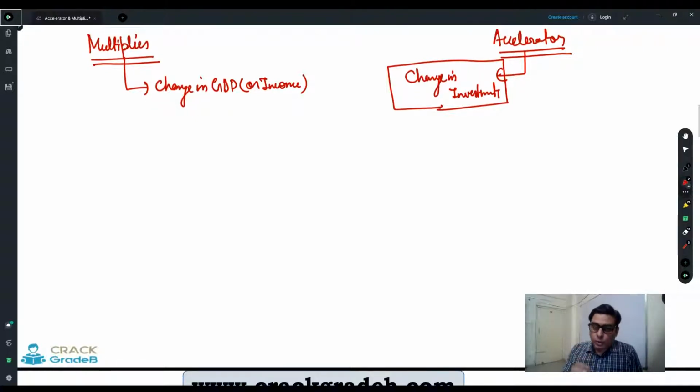Suppose I'm an Uber driver. If I'm looking at the multiplier, with my car, how much income am I able to increase?